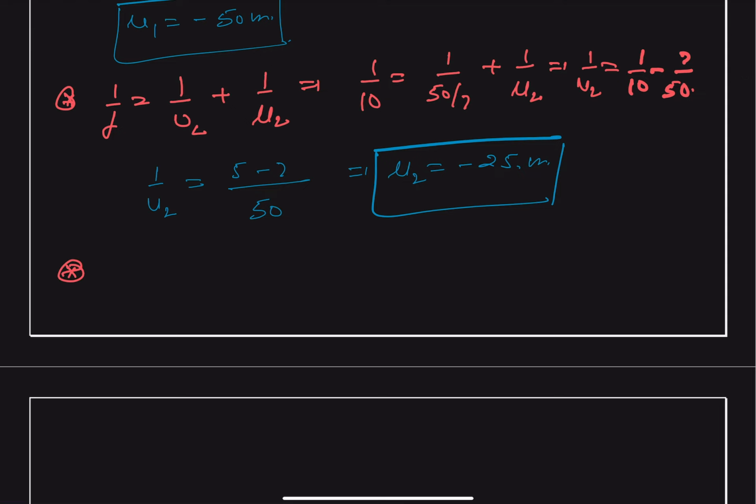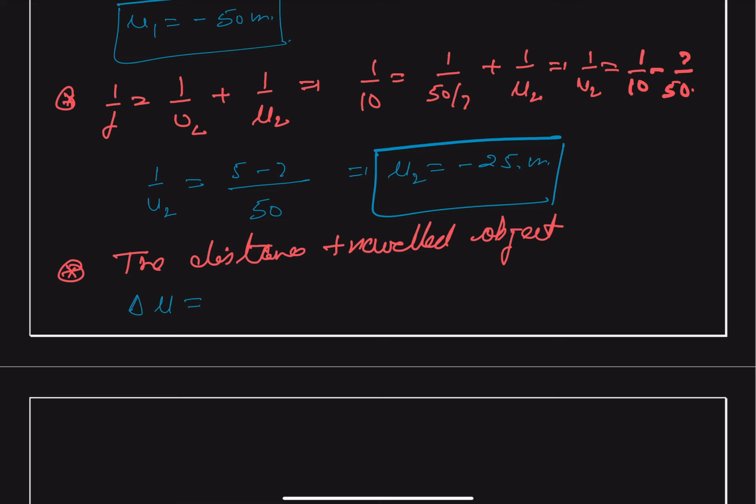So we can say the distance traveled by the object, let us suppose that is our delta u.